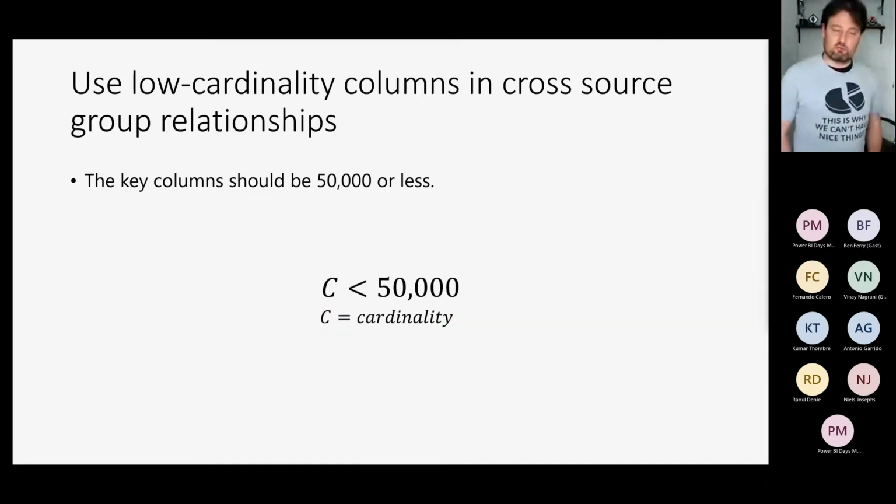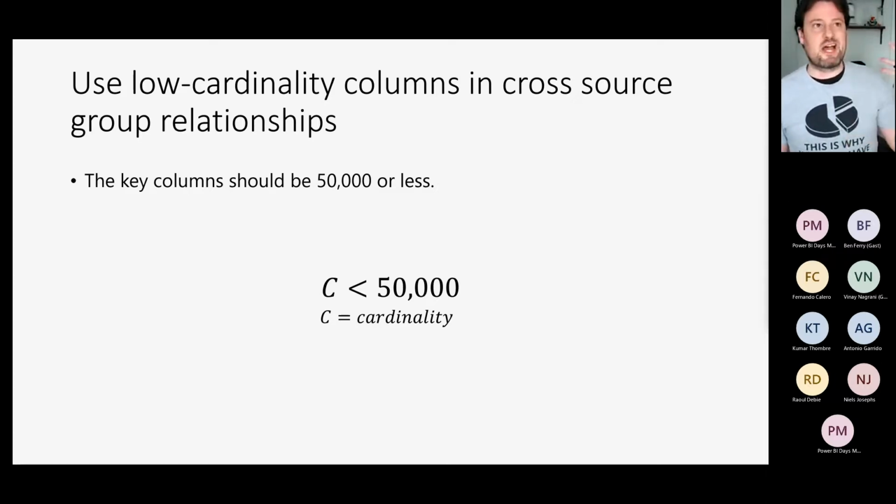So when you build a cross-source group relationship, the key columns you use on either end of that relationship should have a cardinality of 50,000 or less. That's our rule of thumb. When I say cardinality, I mean the number of unique values.